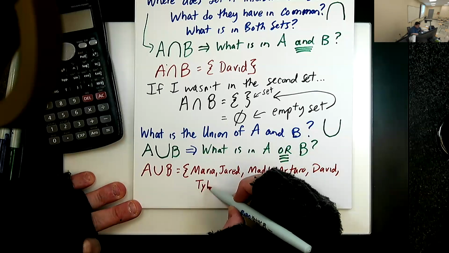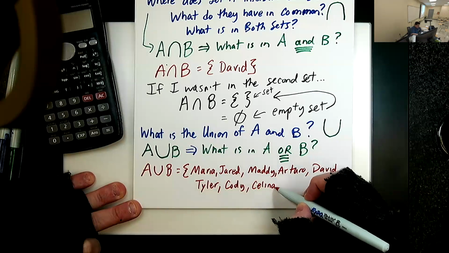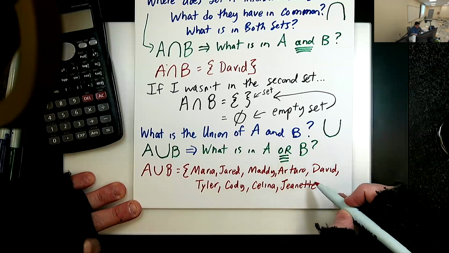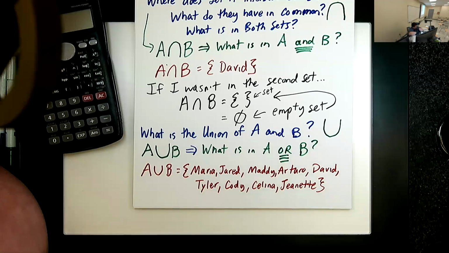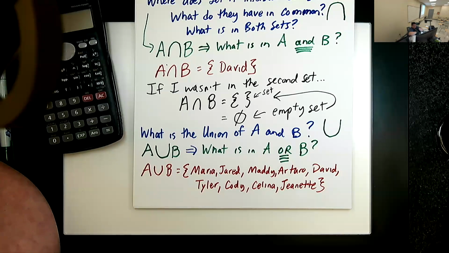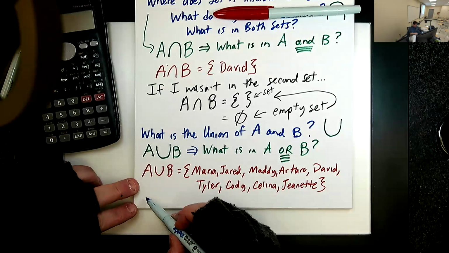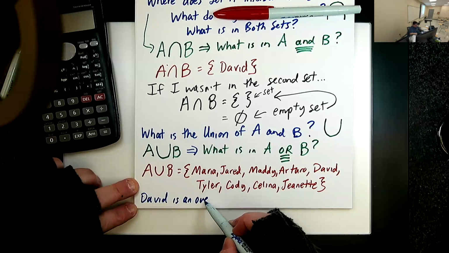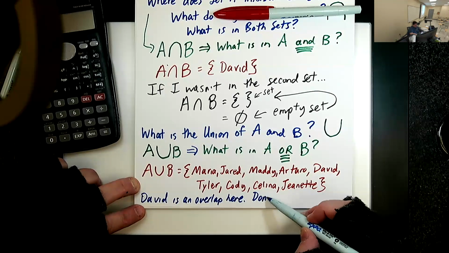I also have Tyler, Cody, Selena, Jeanette, and I would put David, but I already have David, so I don't need to put it again. David is an overlap here. Don't put him twice.